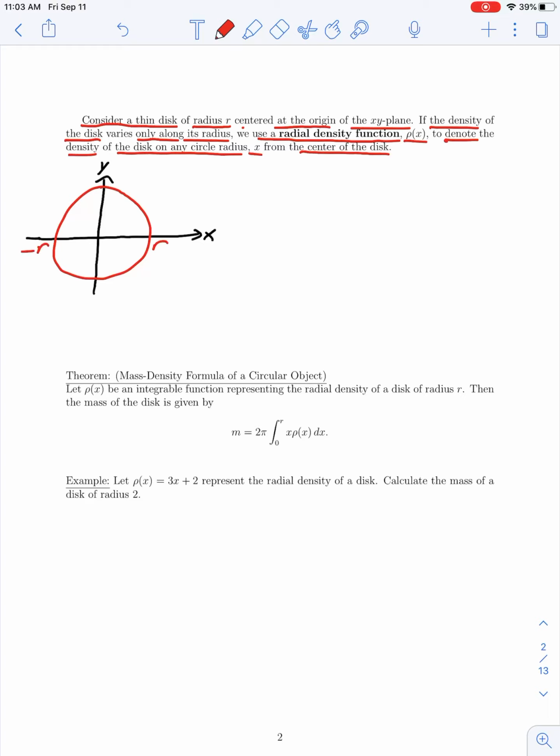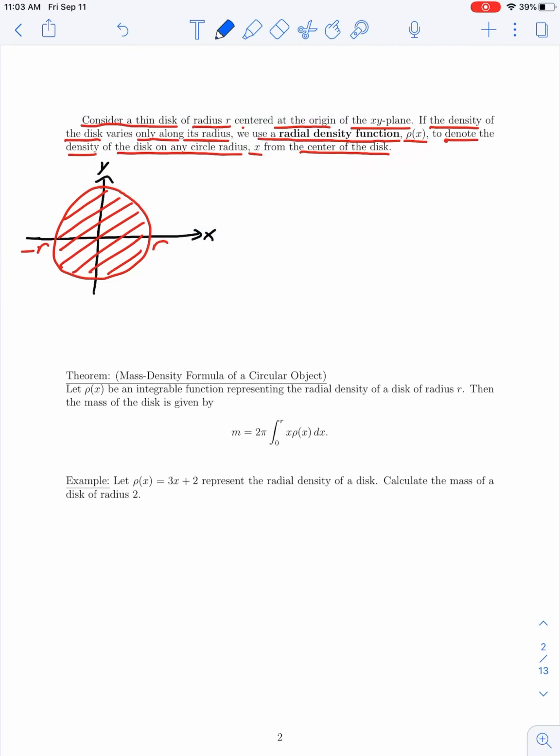And here, this disk might have varying density. So here we've got a solid disk. Let me maybe shade this in to reflect the fact that this is a solid disk or a plate. And this plate might have variable density along its radius.